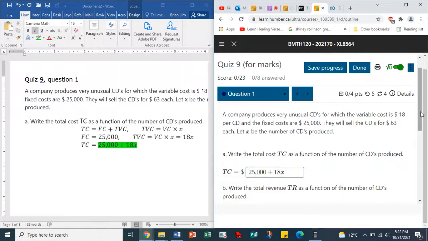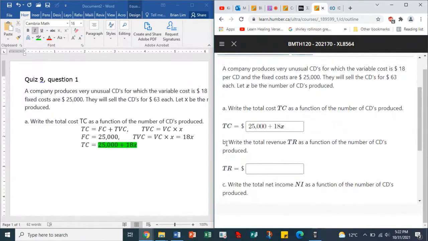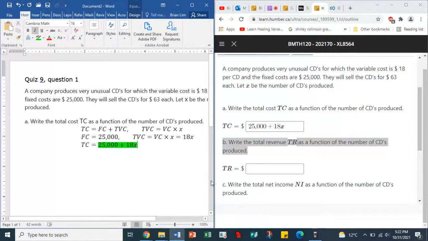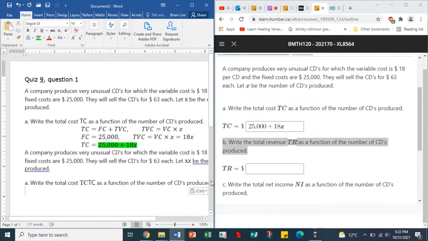And hopefully that's correct. Next part: write the total revenue as a function of the number of CDs produced. TR is total revenue. Let's put that in there.